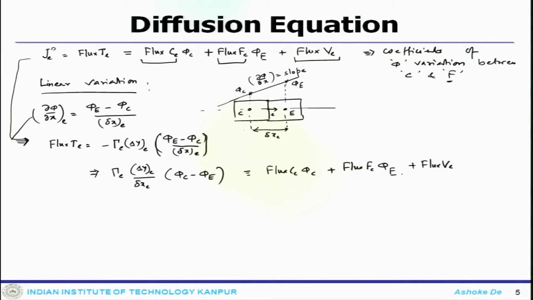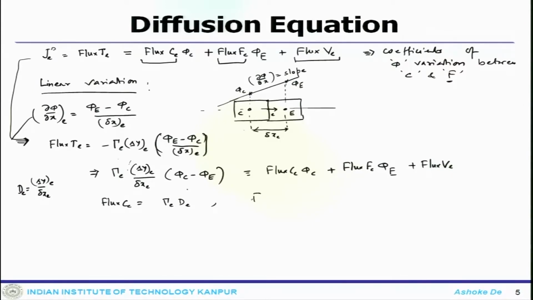So, if you take the mapping of the coefficients, before that you define this particular system, let us say d E equals delta y E by del x E. Then if you map the coefficients for phi C and phi E, you get flux C e equals gamma e d e.